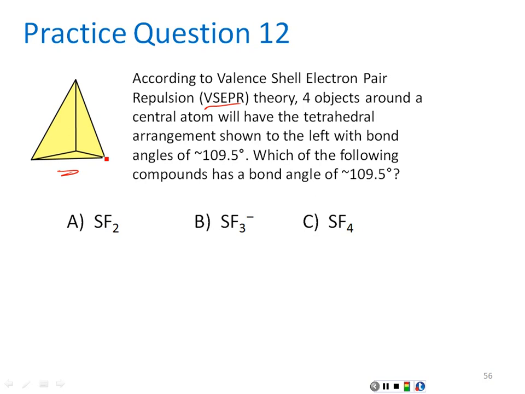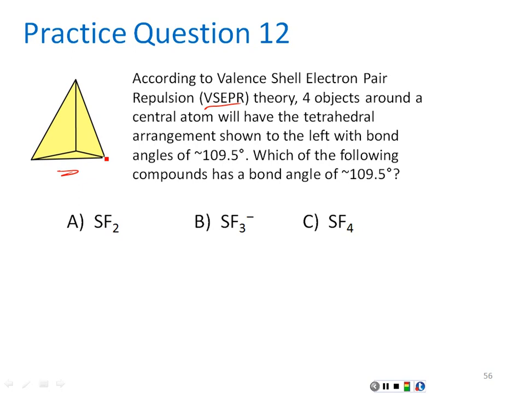Which of the following 3 compounds has a bond angle of approximately 109.5? The other way of asking this question would be, which of the following molecules has a tetrahedral molecular geometry?